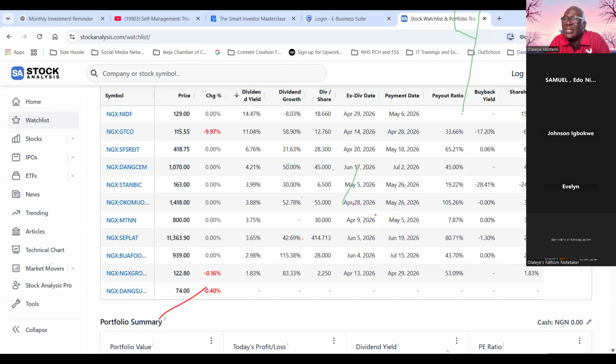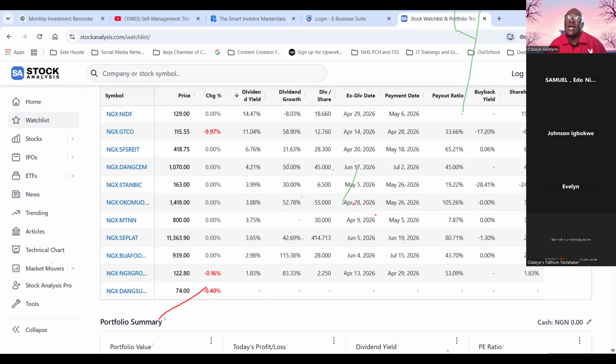But if your portfolio is less than 1 million naira and you have 10 stocks and about 5 of them are paying you a dividend yield of 1%, which equates to something like 30 kobo per share, you don't need 5 stocks paying you that kind of cheap money, or not even paying you at all, because there are some stocks that don't even pay you dividend.